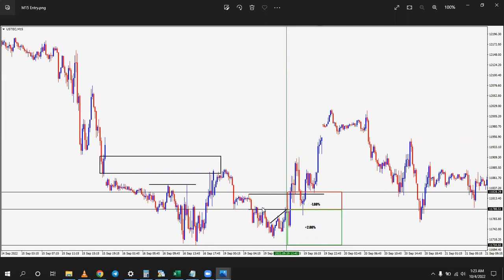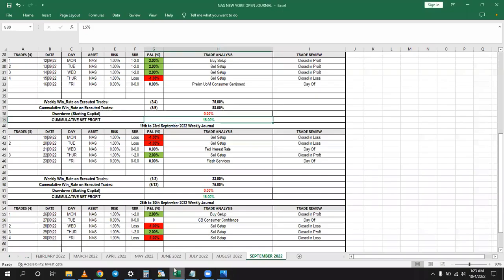But now notice at the open, price just spiked up, basically, meaning we got stopped out, right? We got stopped out. So 19th of September, sell setup closed in loss, right? The downtrend didn't hold in a lower time frame. So we had some sort of a micro uptrend potentially.